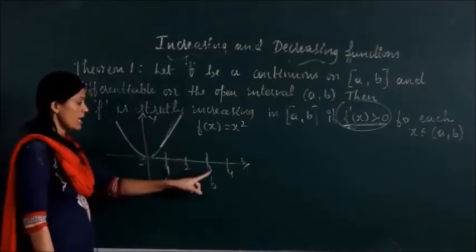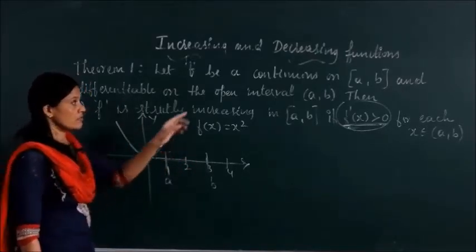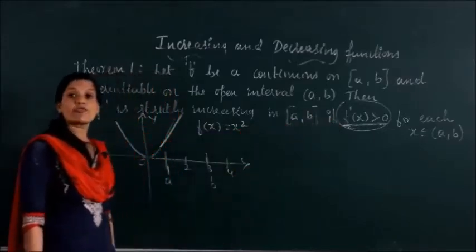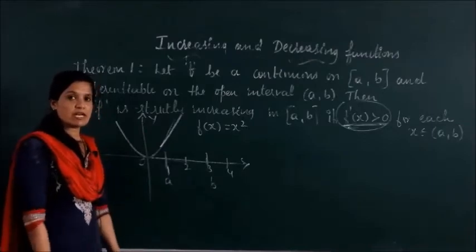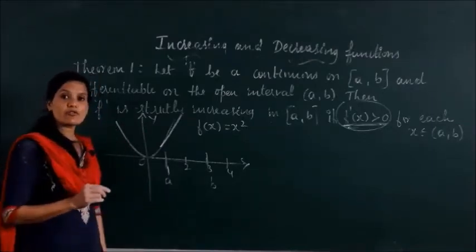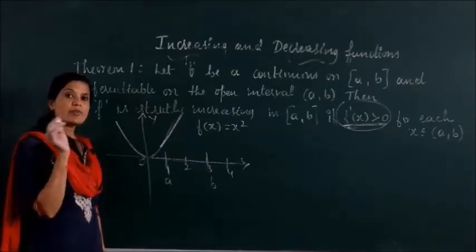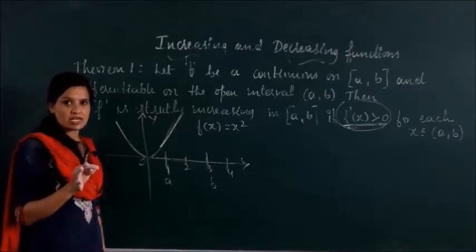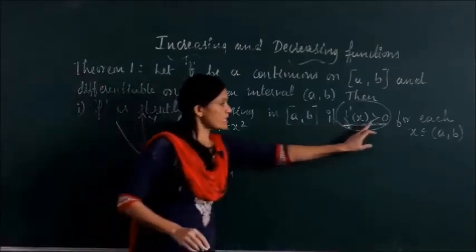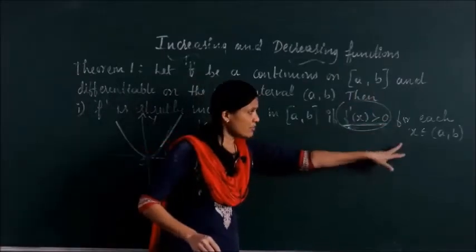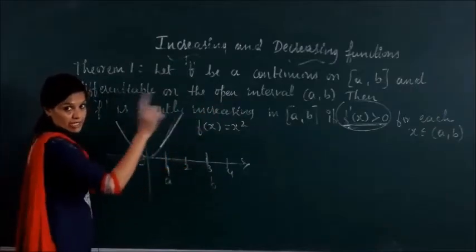In this interval, I can say that the function is strictly increasing if this condition is satisfied, f dash of x greater than 0. So what is the geometrical meaning of f dash of x greater than 0? We know that f dash of x is nothing but dy by dx, which is the slope of the tangent at that given point. f dash of x is greater than 0 for each x belongs to the open interval a comma b.